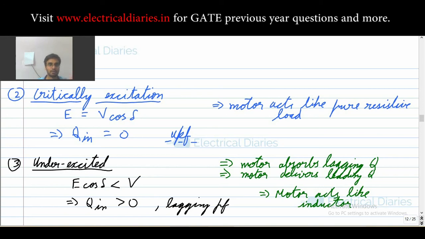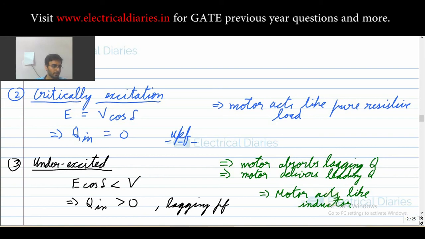See what a beautiful thing this is, that for a single machine, and that too as a load, you can make that machine act like any kind of load. Either you can make it work at unity power factor, at a lagging power factor, or at a leading power factor. So here what I mean by motor acts like an inductor is that your motor is absorbing lagging Q. I hope you understand this much.